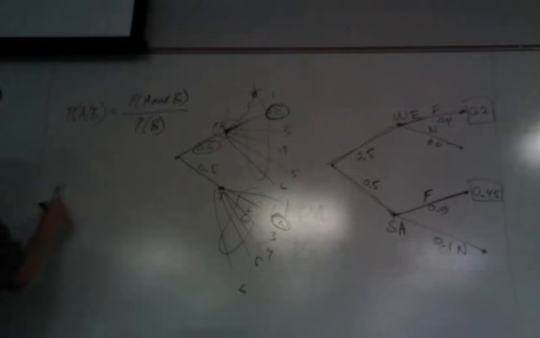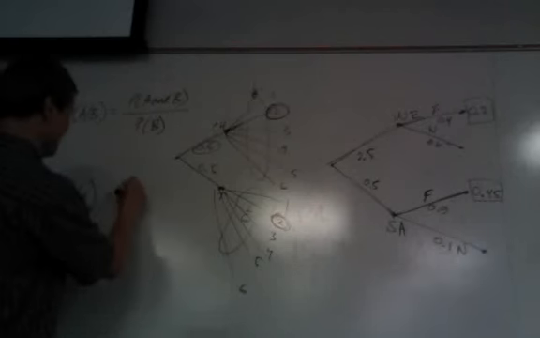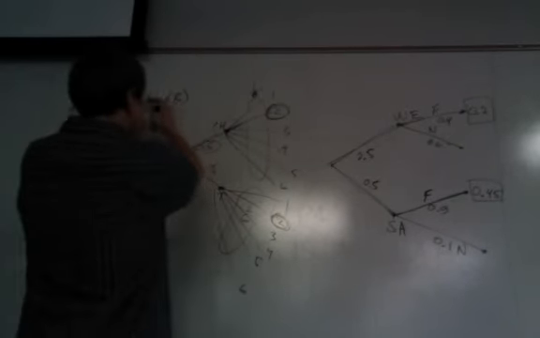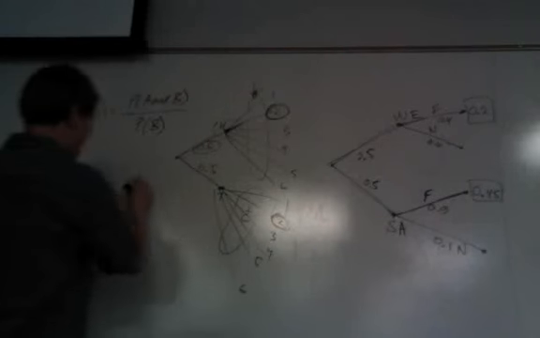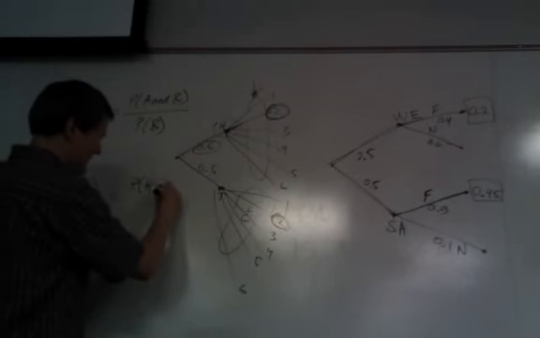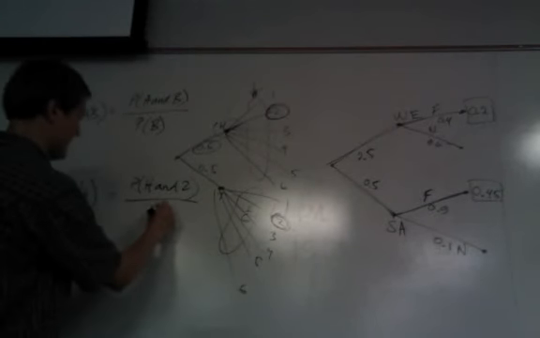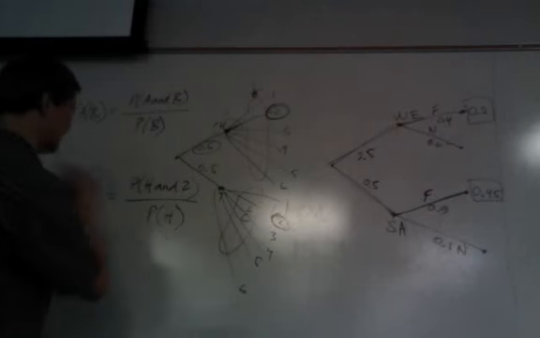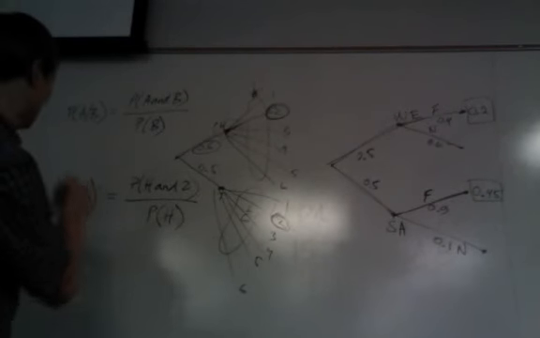We get the probability of 2 given that heads happen equals the probability of heads and 2 happening divided by the probability of heads happening.